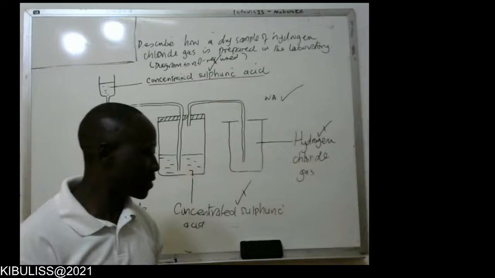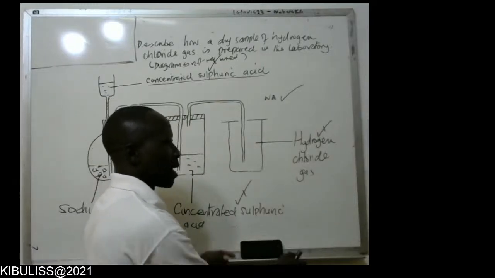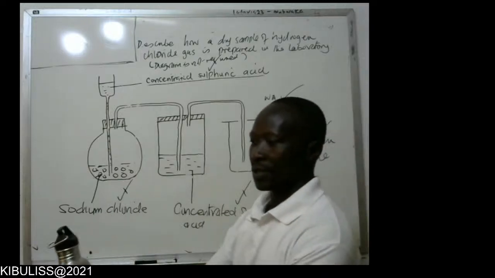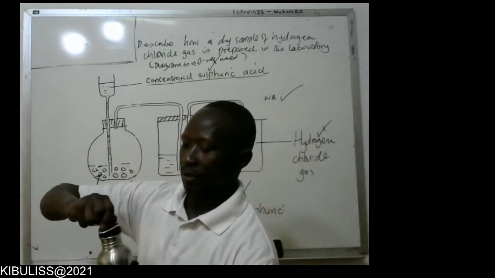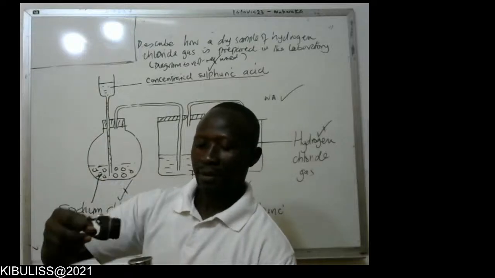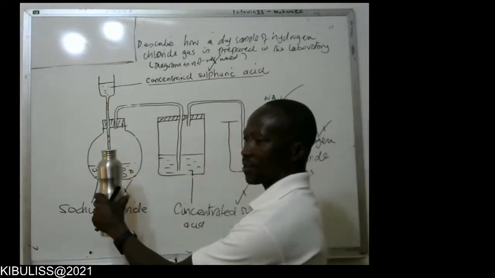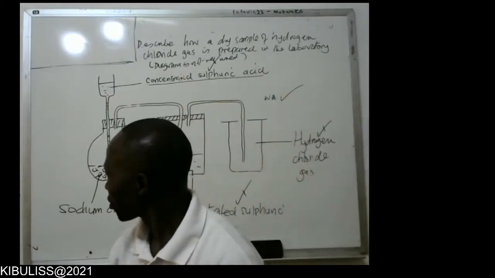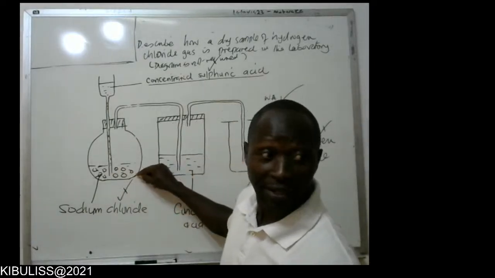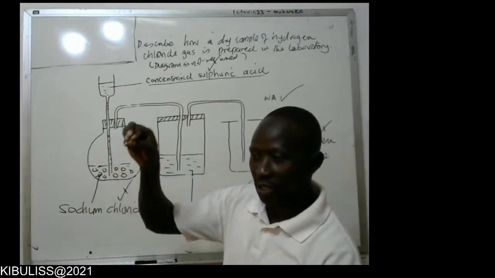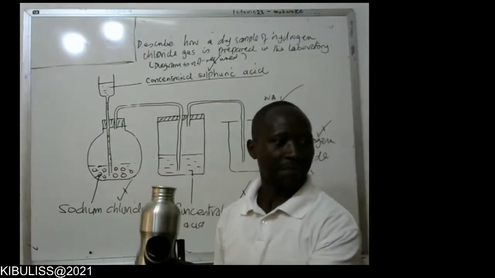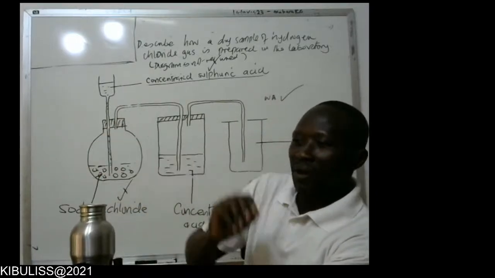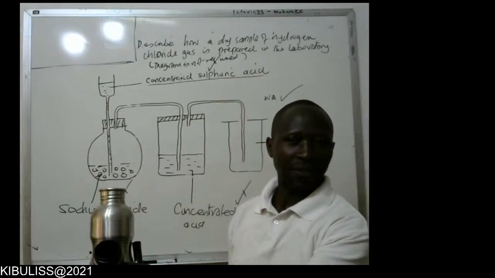So this is my flask. The first thing to do is to pick sodium chloride, which is a solid, and put it inside here. Sodium chloride is put in the flask because it is a solid.